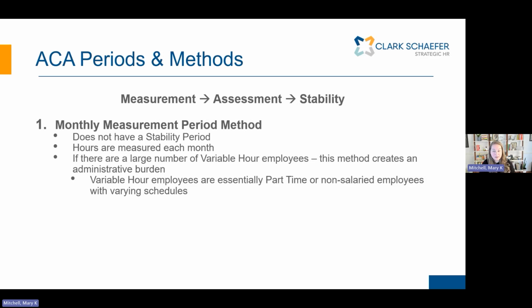You're assessing at the end of the month whether or not they are actually going to be considered full-time or part-time. And then it enters the stability period. The stability period is another month, and it basically is when we've actually offered this benefit coverage.